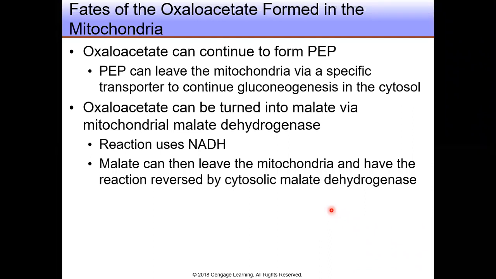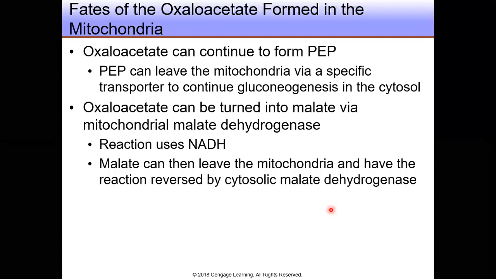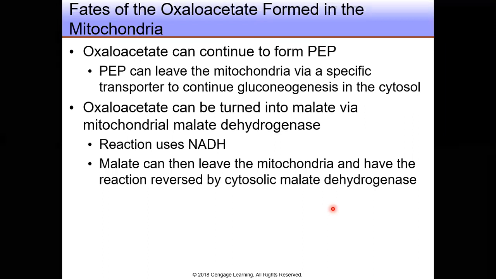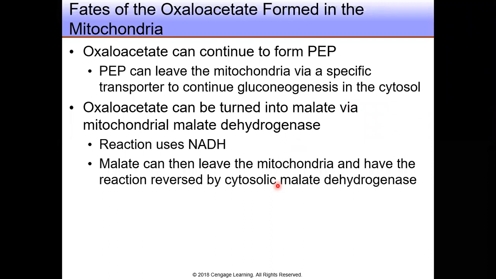Now, you might wonder why these two paths exist to get PEP into the cytosol to continue gluconeogenesis. The answer brings us back to the familiar enzyme we saw in glycolysis, glyceraldehyde 3-phosphate dehydrogenase. Remember in chapter 17, the purpose of lactate dehydrogenase is to reduce pyruvate to lactate so that NADH would be oxidized to form NAD+, which is needed to continue glycolysis.